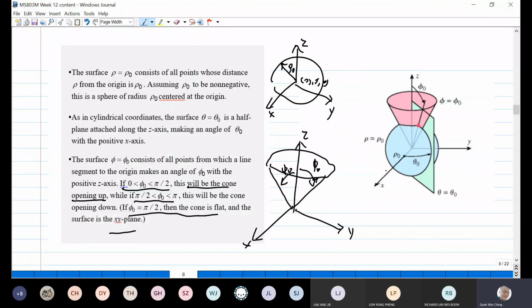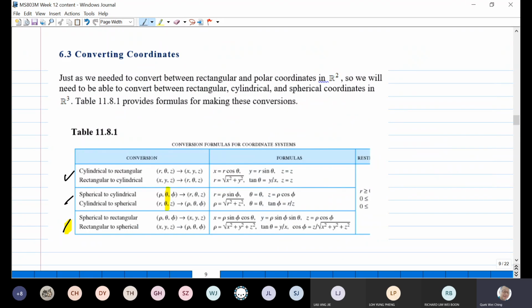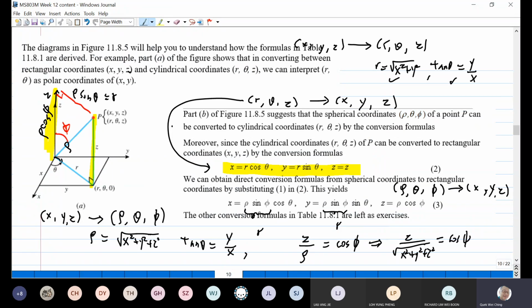This one explains a bit of the spatial coordinate. And then the conversion is the part that is most messy here. But as I say, usually people don't remember these formulas. I say just draw a diagram and work it out. This is some of the diagram to show you the relation.